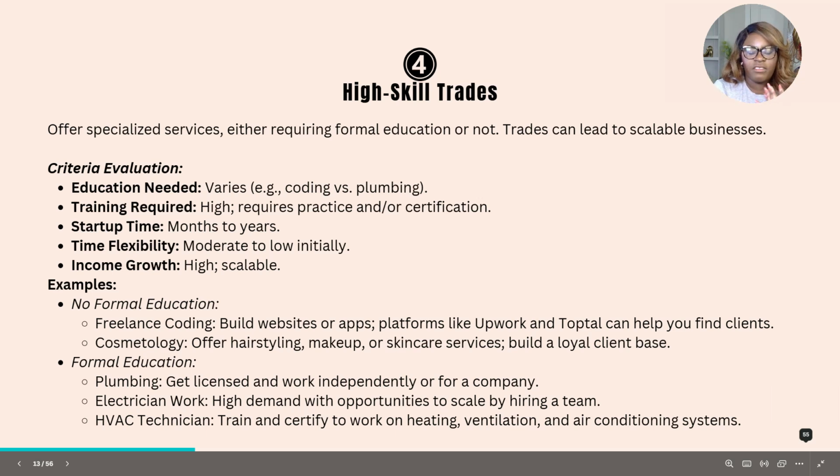Let's give you some examples here, right? High skill trades that require no formal education but still require training. Think about being a freelance coder. You can go work on sites like Upwork. You can solicit your service to people yourself, but Google offers some certification. That's a formal education. Sorry, let me back up.